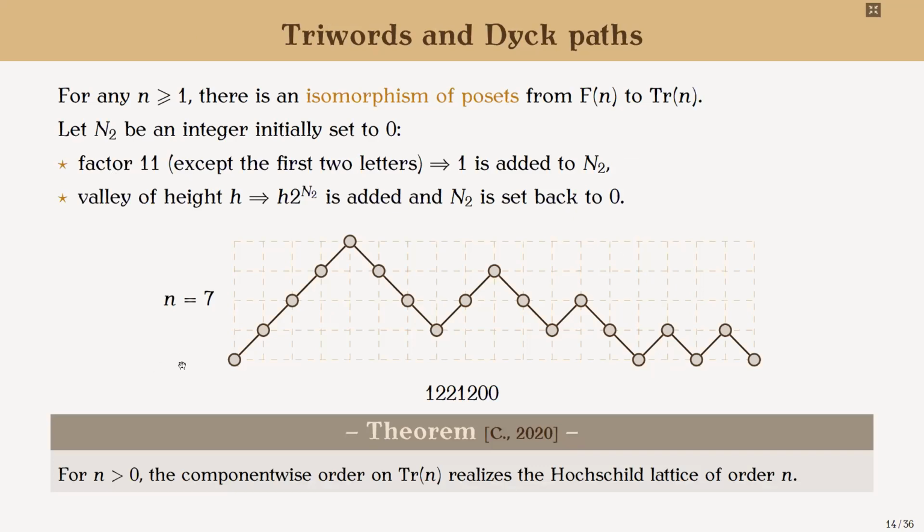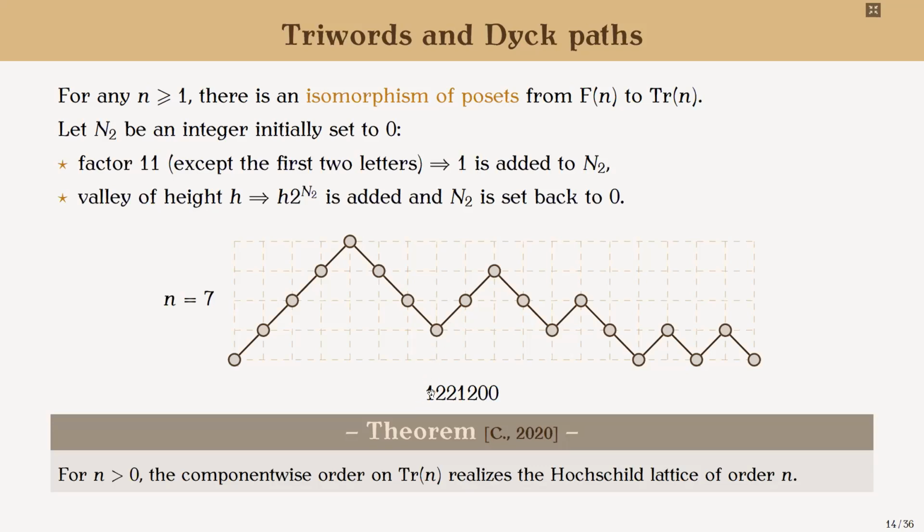So the first factor 1, 1 cannot be counted. We start here: 1, 1, we have one factor; 1, 1, we have two factors. So N2 becomes 2. Then we see a valley here, and we have to note the height of this valley, which is 1.